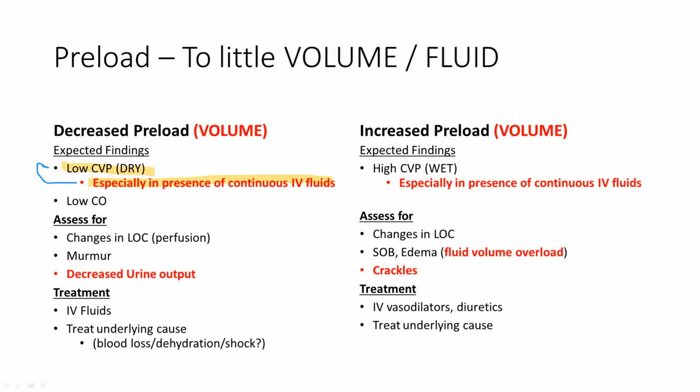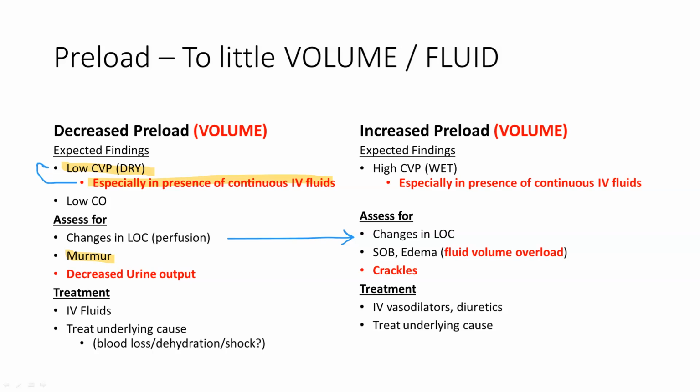All right, so here we talk about what we're going to assess for. So changes in LOC. And what I want you to do is notice that for both decreased preload and increased preload, a lot of these assessments are going to be the same, just like we said earlier. So then we have a murmur, just because you may have some blood flowing in there.